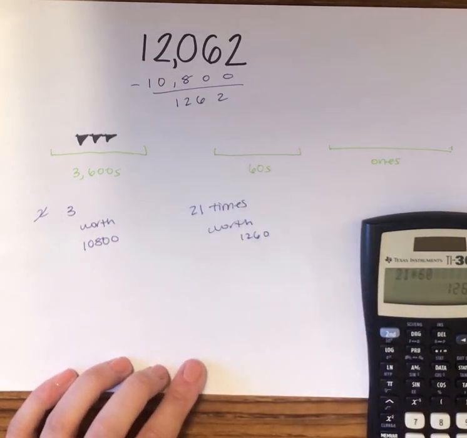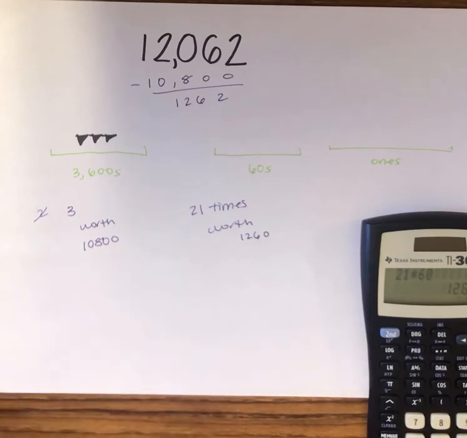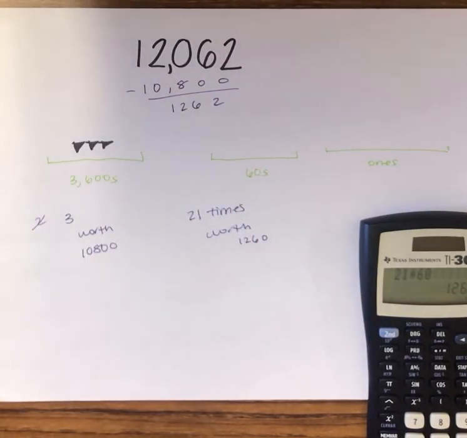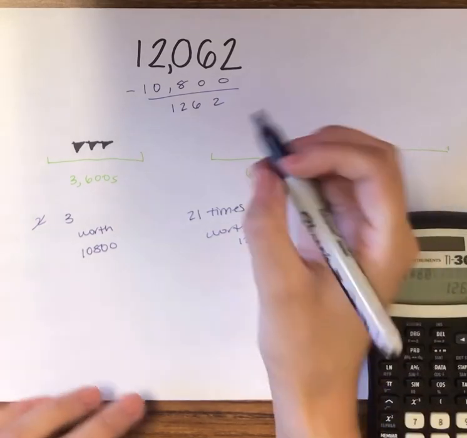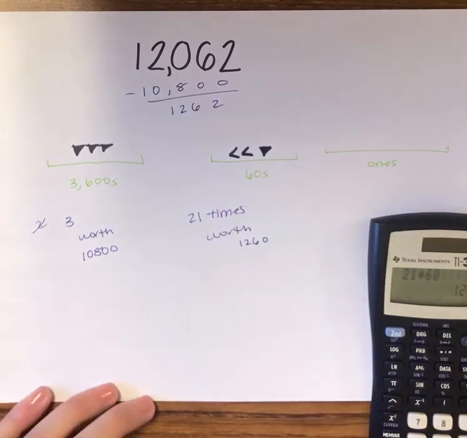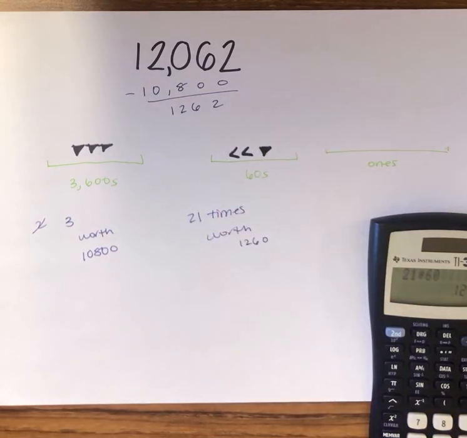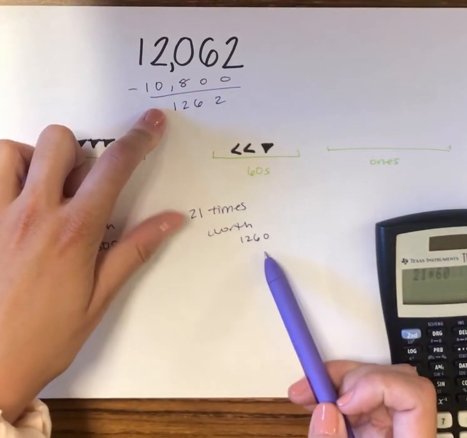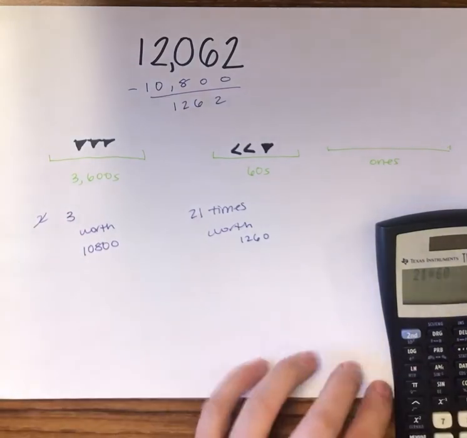In my Babylonian, I need to write 21 because that's how many 60s I can make. So 21 would be 2 10s and a 1. So 21 in my 60s, and then I need to figure out what's left. So of my 1,262, I've used 1,260, so I only have 2 left.